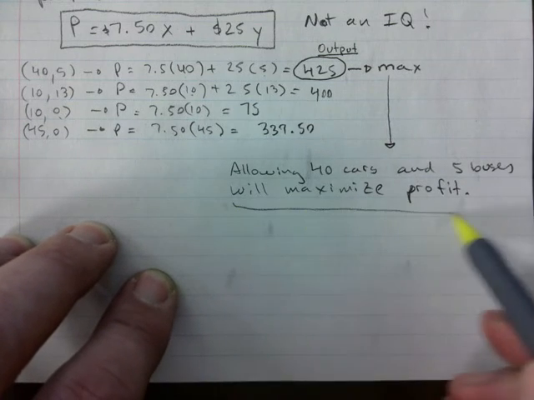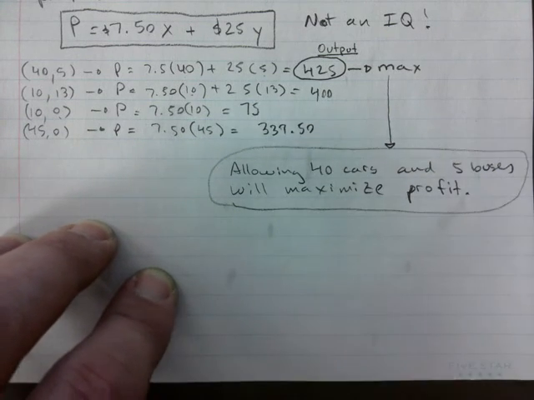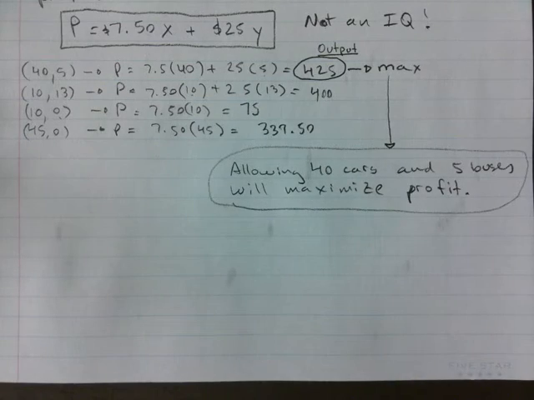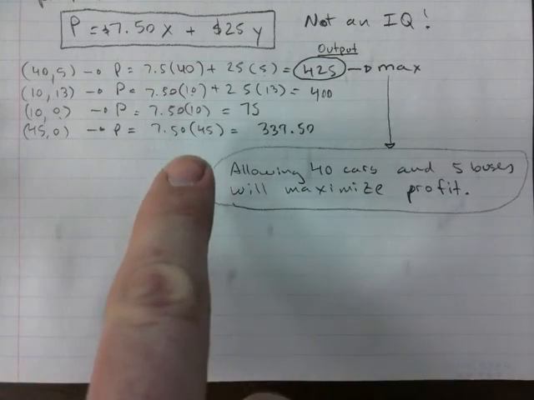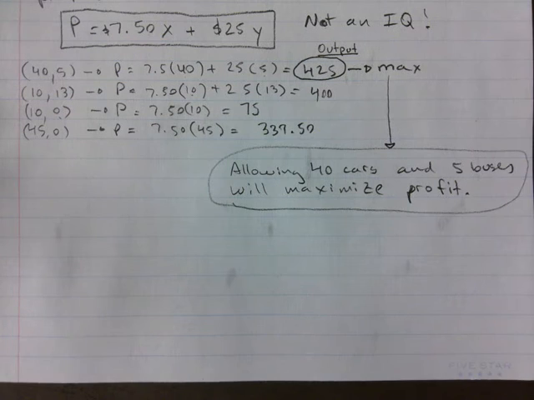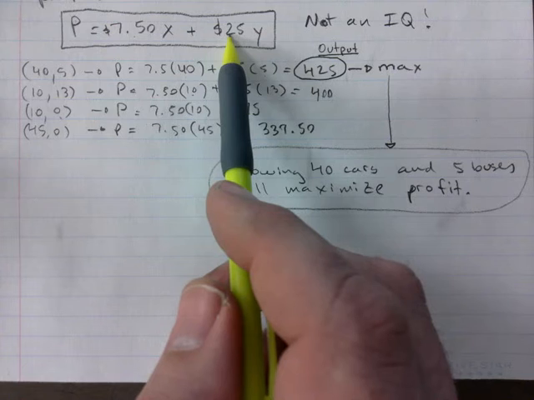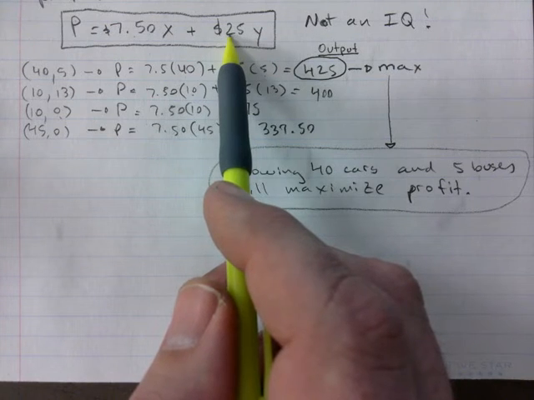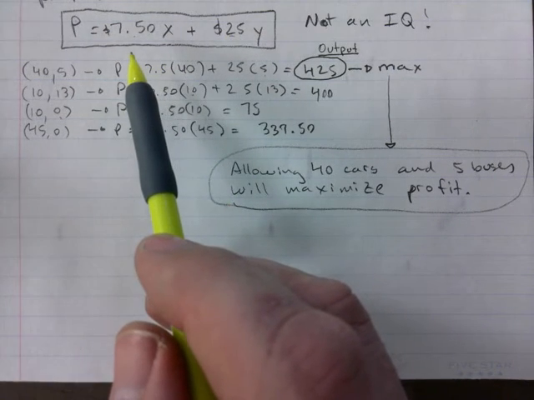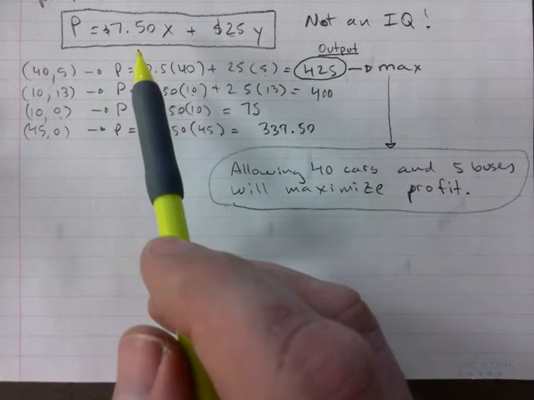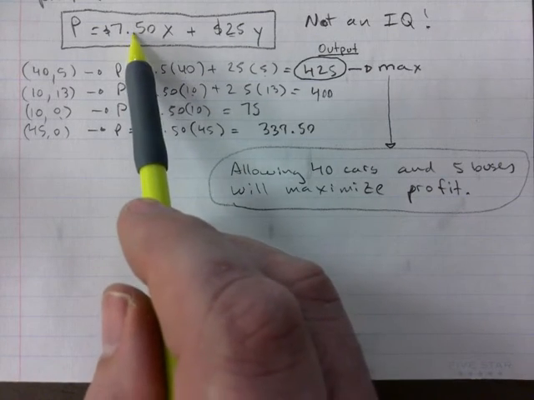That, ladies and gentlemen, is optimization: coming up with an objective function and plugging in your points. The objective function is going to be fairly easy to come up with. If it's money, you're going to have coefficients that deal with money in front of them. If it had been time, like some kind of objective function to minimize the time spent on this activity, then you would have minutes and minutes.